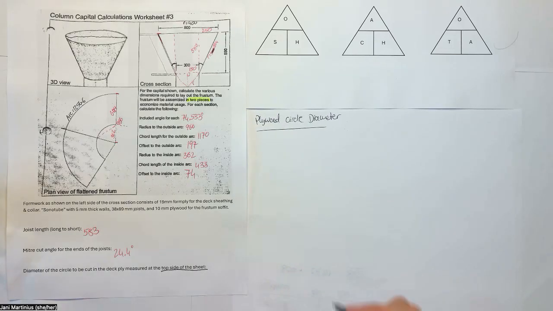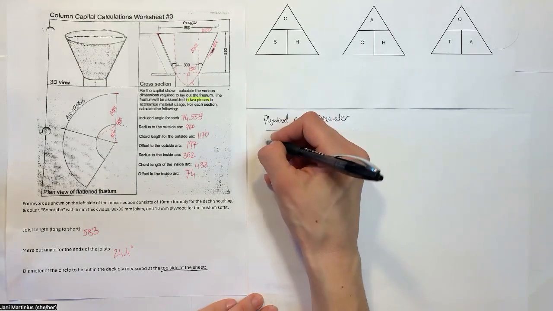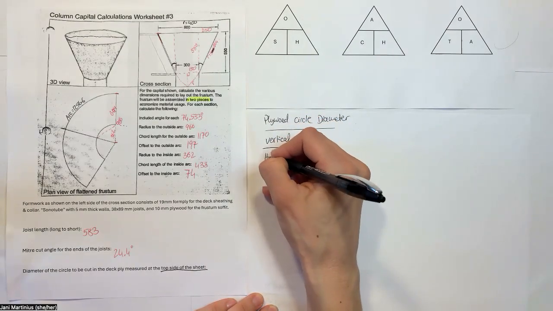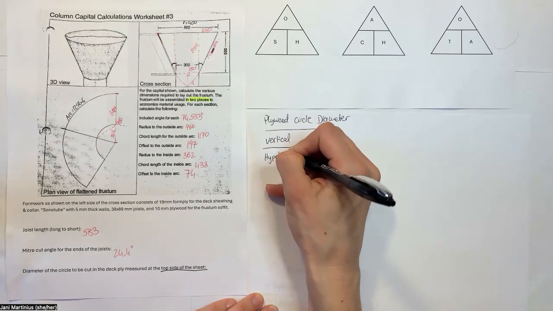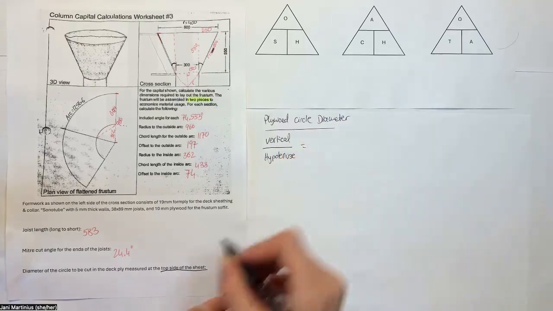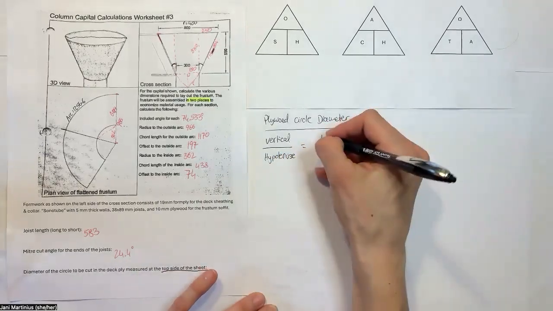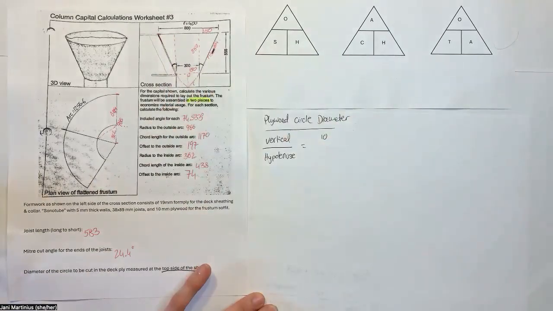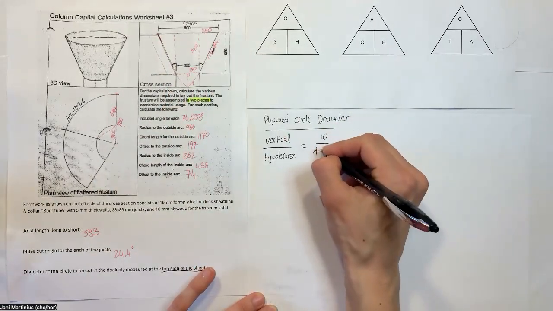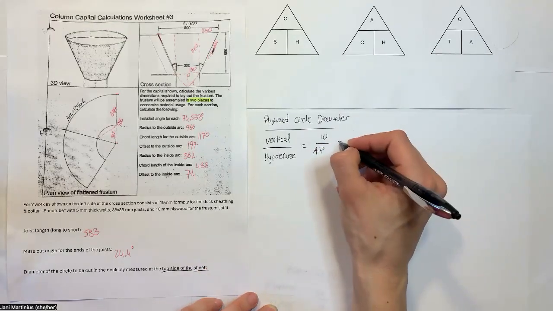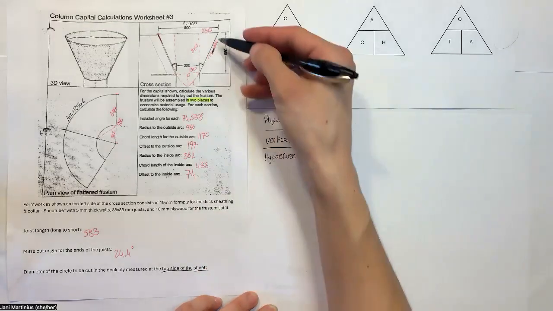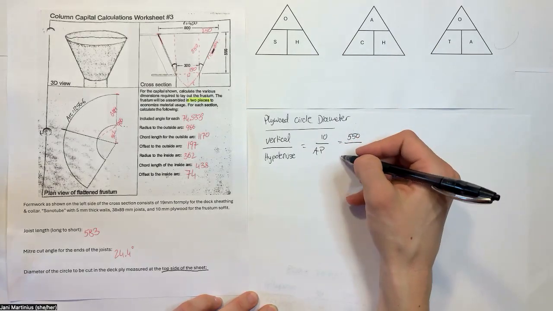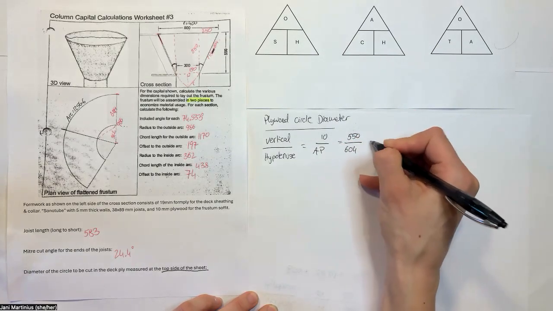Okay, so we're going to do the same as before, vertical over hypotenuse. This time we're using the 10 mil plywood because that is the extra distance on each side that we have to go over our angled thickness of the plywood equals our height again, 550, over our hypotenuse of 604.